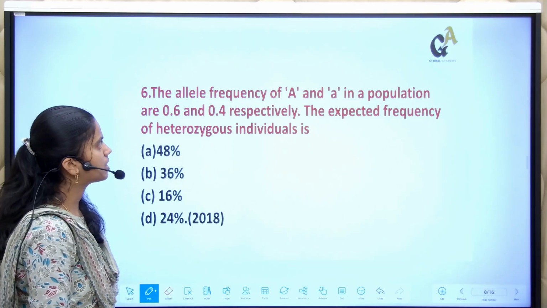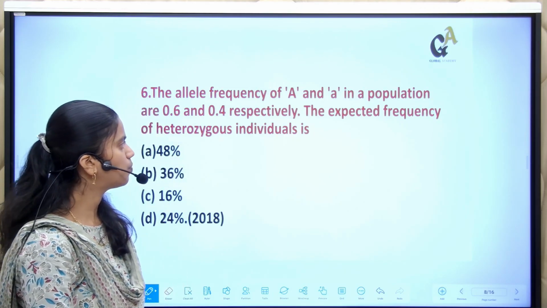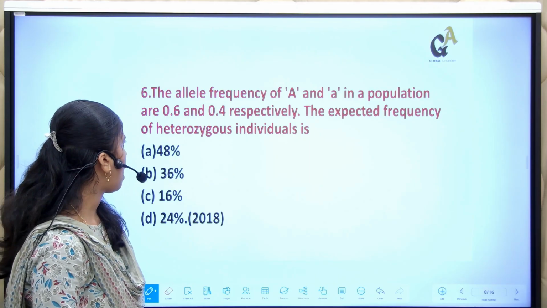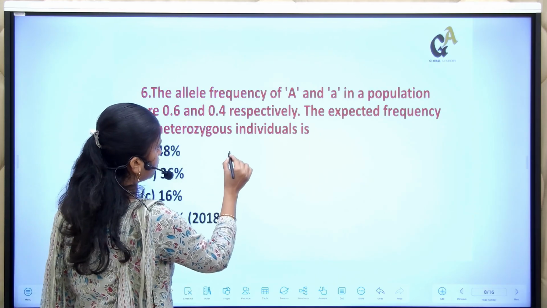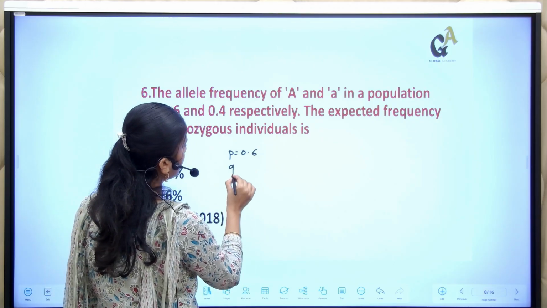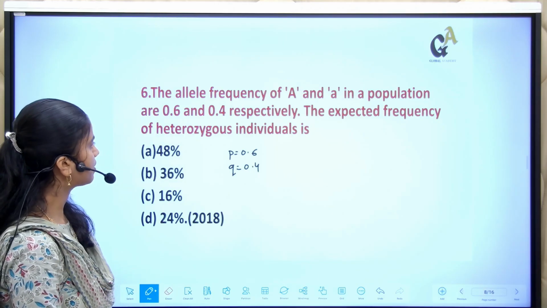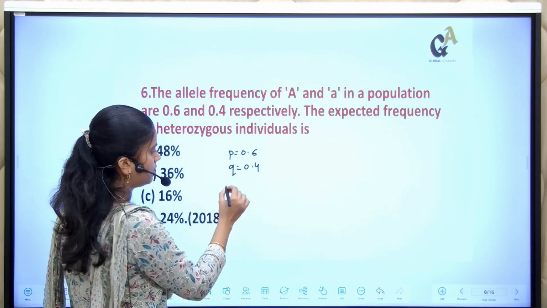Then question number 6. The allele frequencies of A, capital A, and small a in a population are P equal to 0.6, and Q equal to 0.4. What they have asked is the expected frequency of heterozygous individuals.